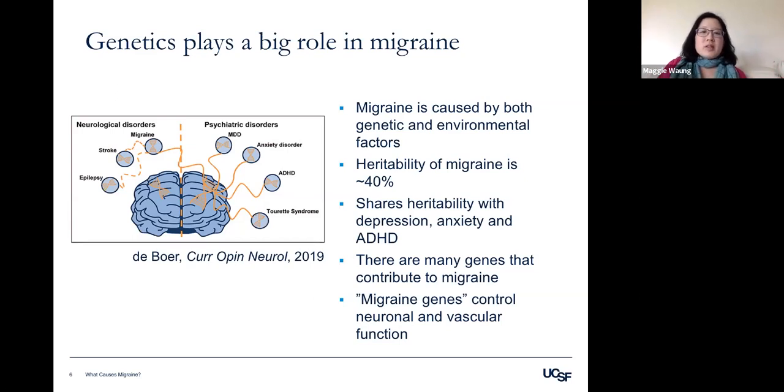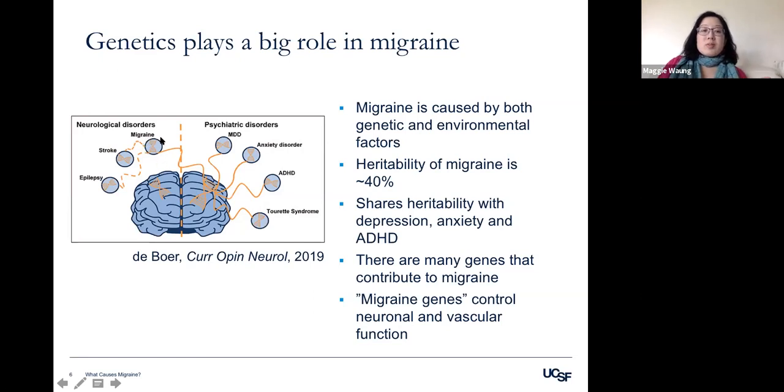So recent studies looking at genetics, now that we are able to sequence genes very quickly, we can see how genes are related to different connections. Large studies have shown that migraine can be associated with other neurologic diseases like stroke and epilepsy to a mild extent.